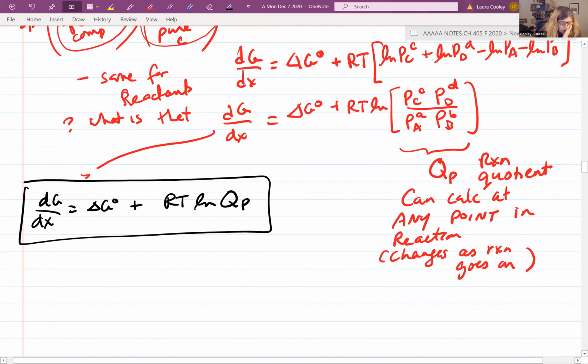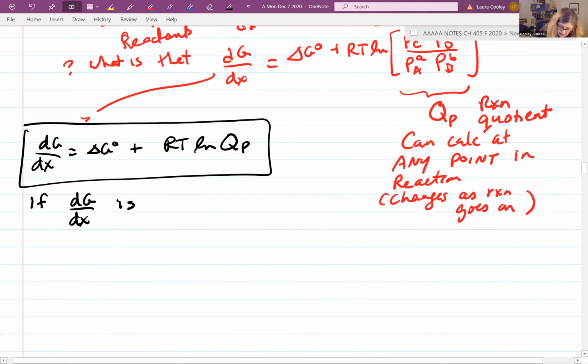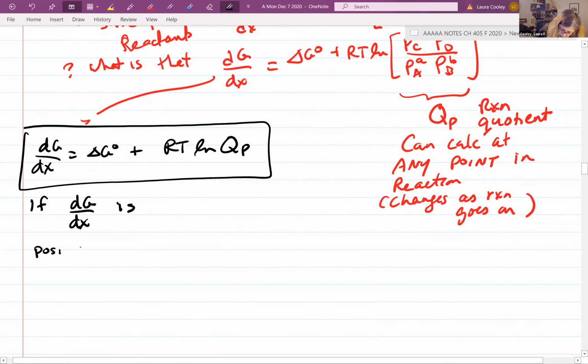All right, so let's go over what I maybe didn't do such a good job on while I was looking at the curve. I want to tell you about the sign. If dG/dx is positive, remember this is the slope of G versus x, then it means that at that point the G versus x curve has a positive slope.